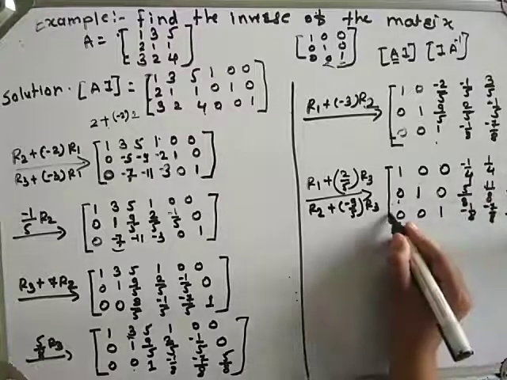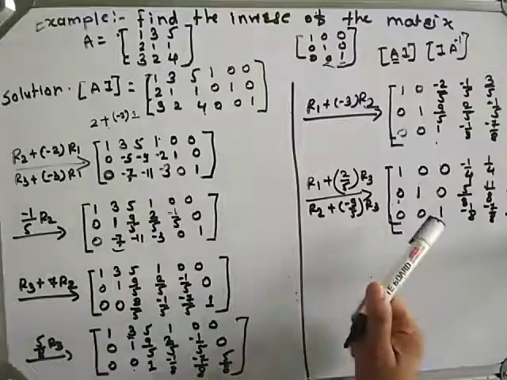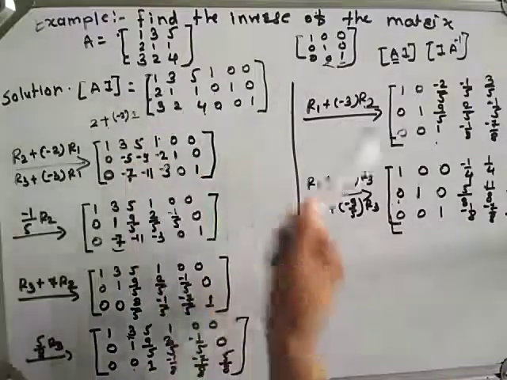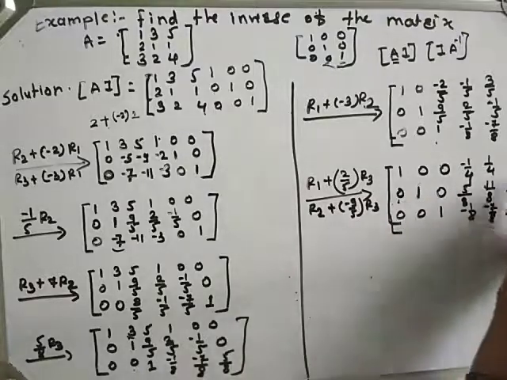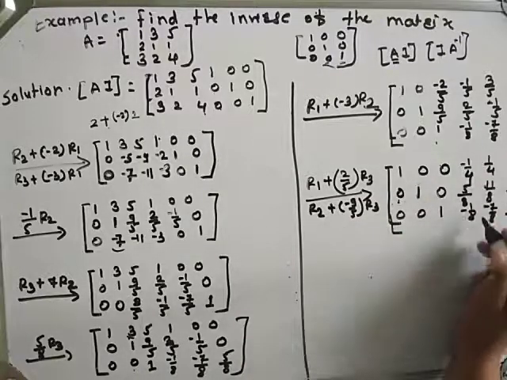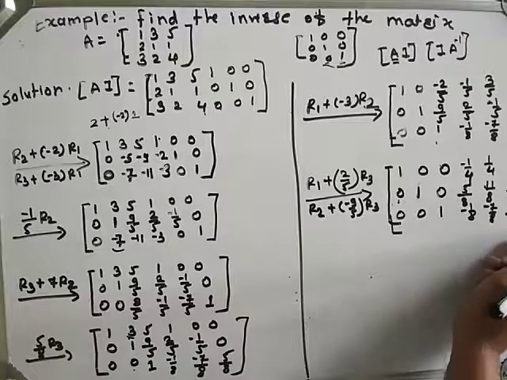Okay. See here, we get that A is row equivalent to the identity matrix. Therefore, this matrix is nothing but A inverse.